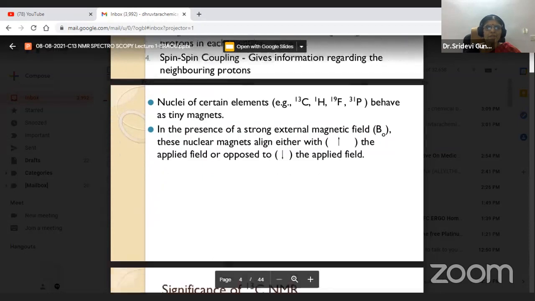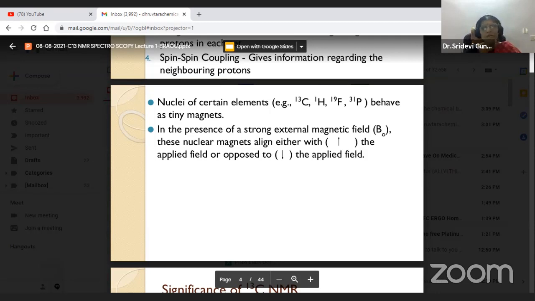So you know pretty well what NMR is. Nuclei of certain elements, for example C13, H1, F19, P31, and various other elements, are magnetic. So they are magnetic means they behave as small magnets.